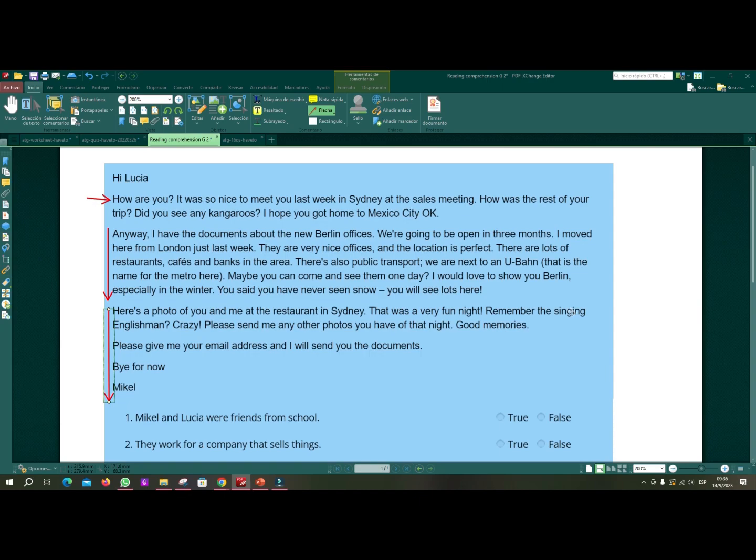Excellent. Thank you. Right? So don't forget the pronunciation of the simple past of regular verbs, right? So try to practice the pronunciation of those verbs. Also singing, that's with ing, right? Nice.